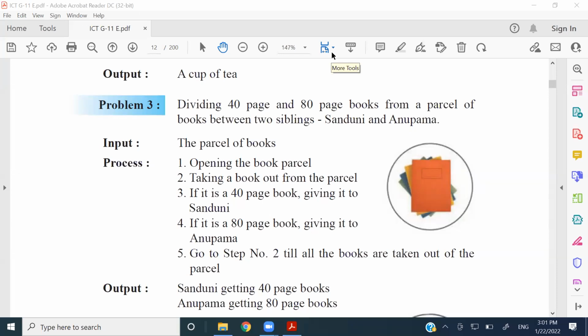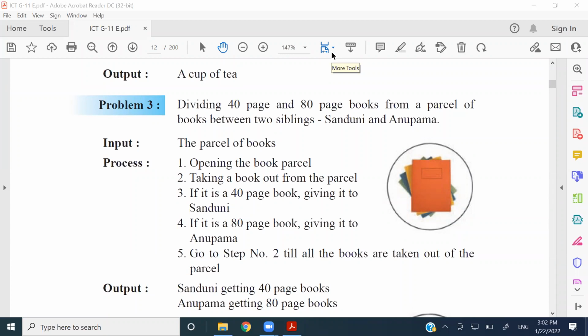Or on the other hand, we can say a book is more than 80 pages or not. Or we can go for the exact thing, whether a book is a 40-page one or not, or else we can ask the same thing, whether a book is an 80-page one or not. So still it is going to give us the same output, right?